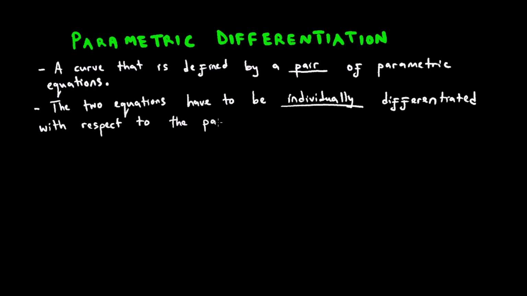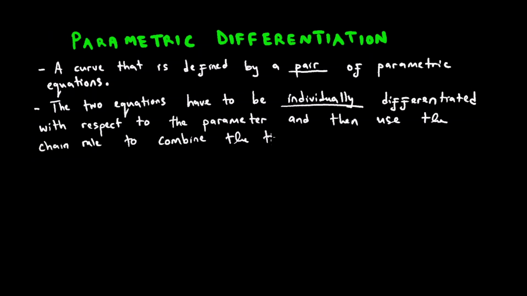So they have to be individually differentiated with respect to the parameter, and then use what is called the chain rule to combine the two results.